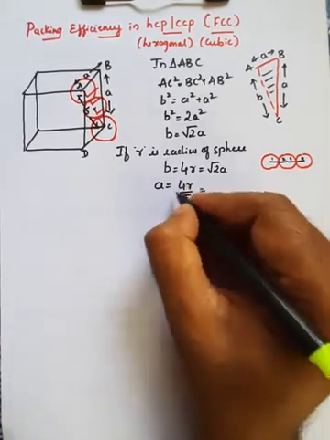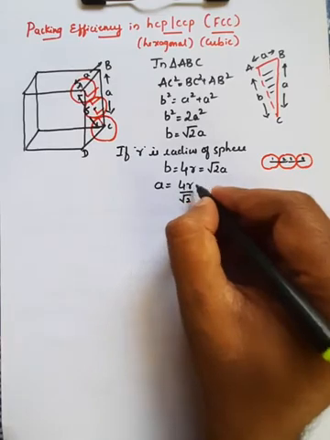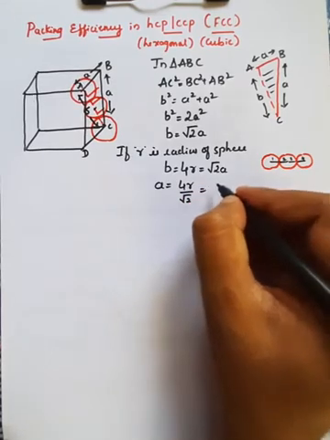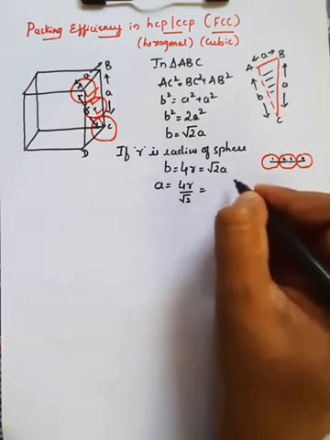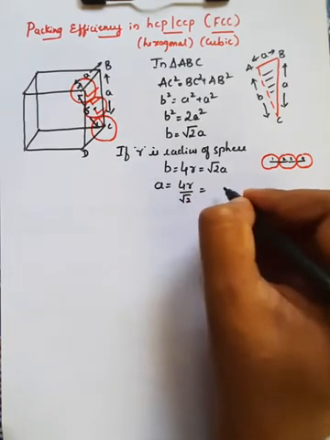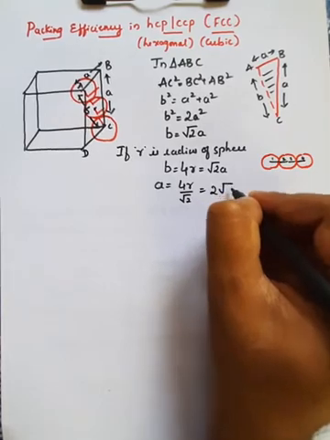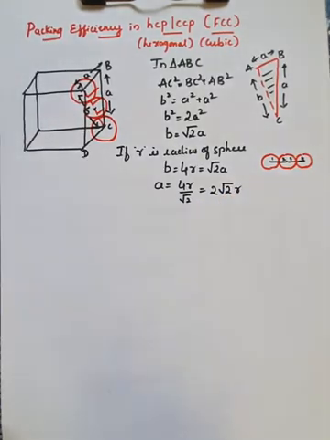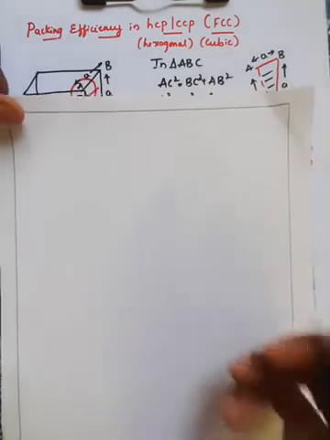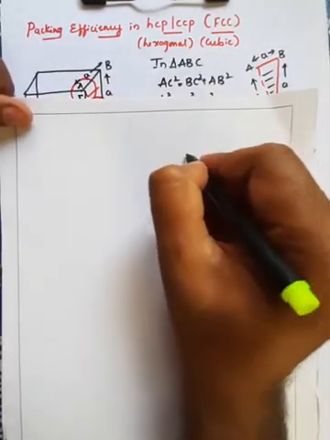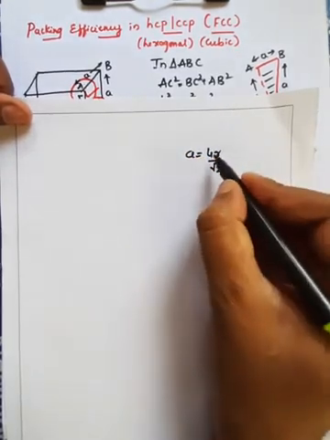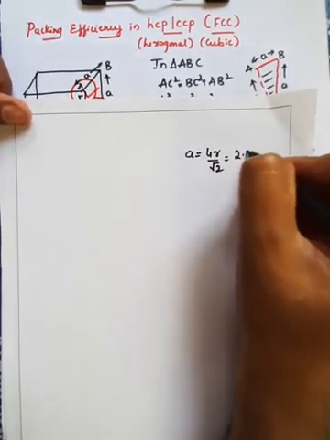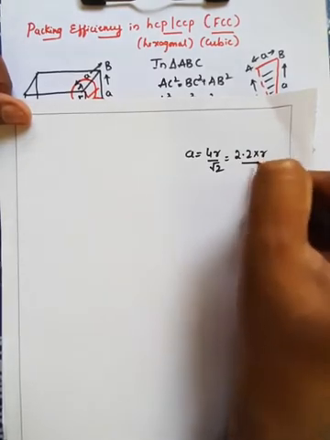If you cancel here, 4r divided by root 2 can also be written as 2 into 2 into r divided by root 2. Therefore directly I can write it as 2 root 2 into r, right? I can solve that in the rough work. a is equal to 4r divided by root 2, so this 4 can be split into 2 into 2 into r divided by root 2.